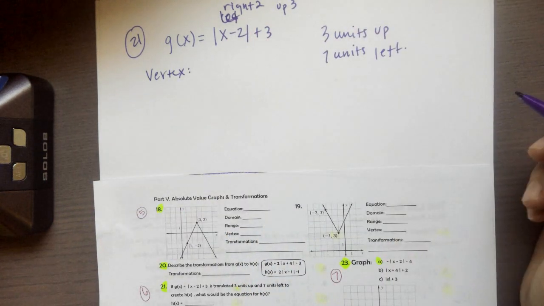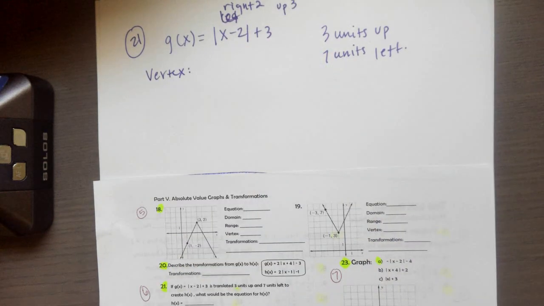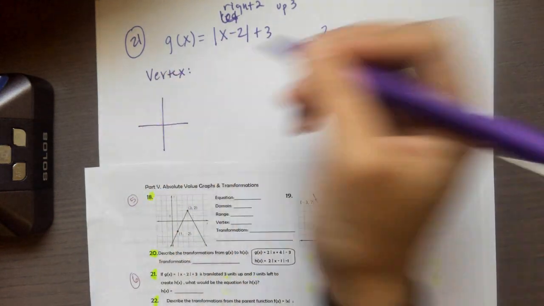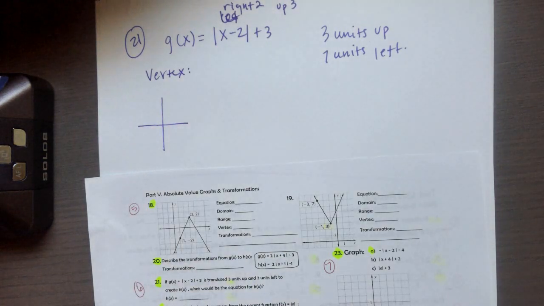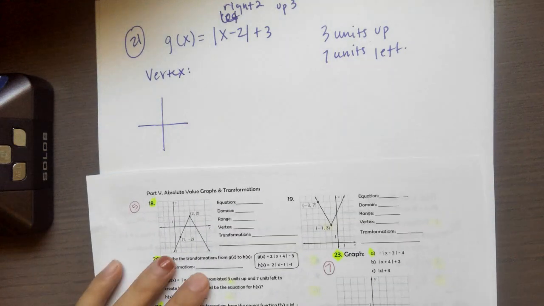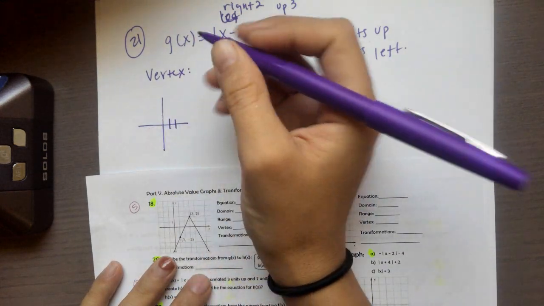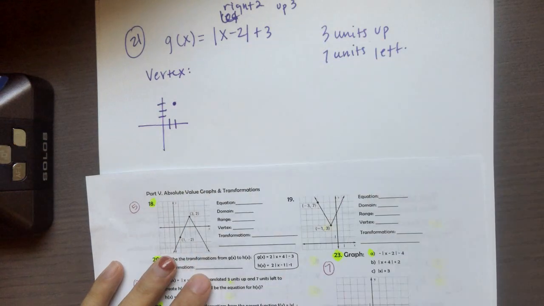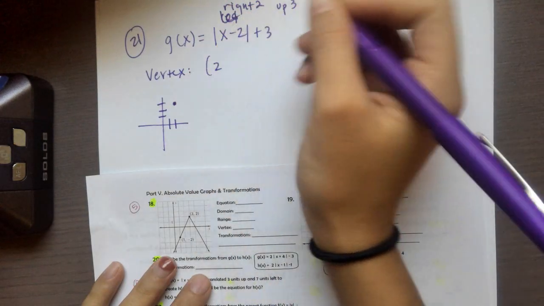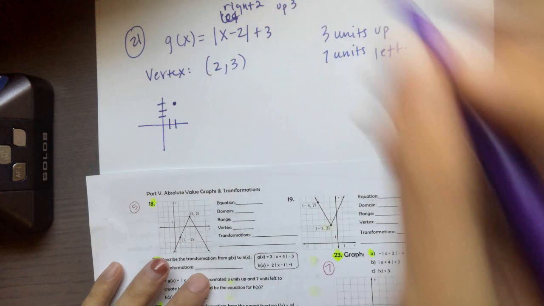So if I draw a quick sketch, I go right 2, up 3, so my vertex would be (2, 3).